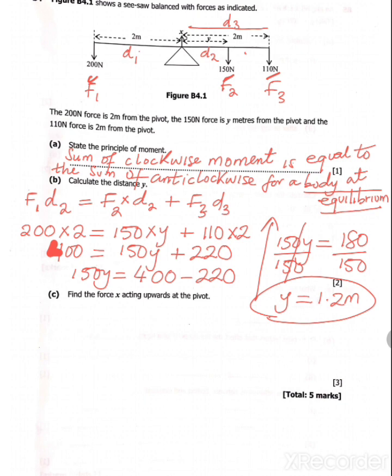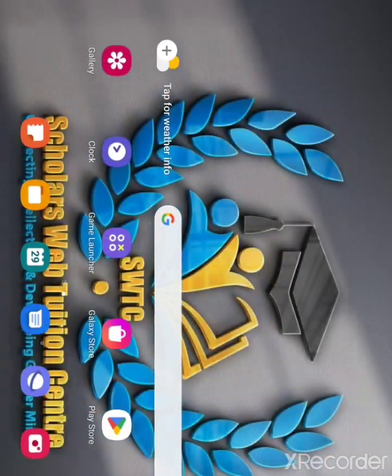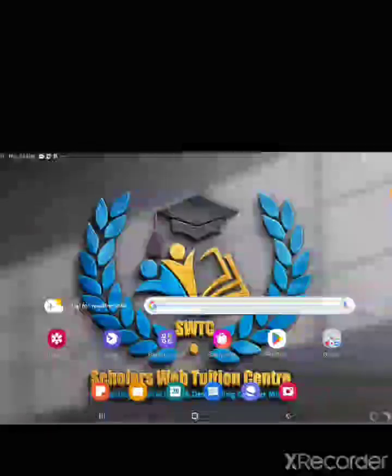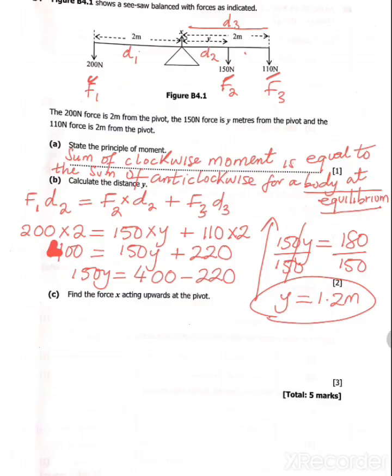The next question is, find the force X acting upward at the pivot. That one is very simple. To find the force X acting upward at the pivot, we are going to say the force X is equal to force 1 plus force 2 plus force 3.